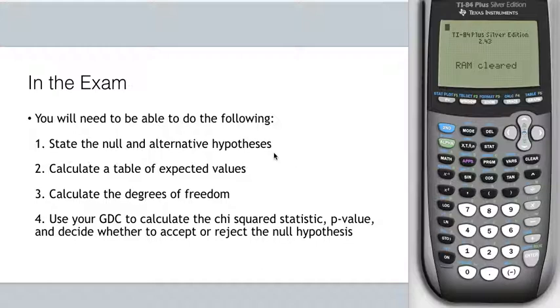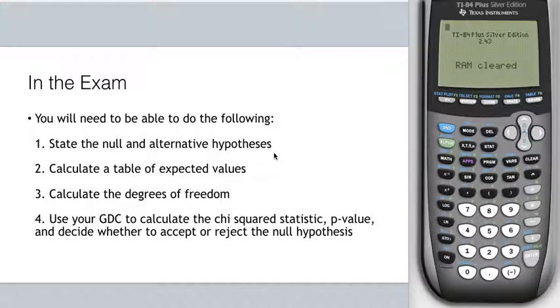If you're not sure about how to write them, you need to look back through particularly the last video, because it tends to be the chi-squared independence test that comes up rather than the chi-squared goodness of fit. So you need to know how to do the null and alternative hypotheses for that test.